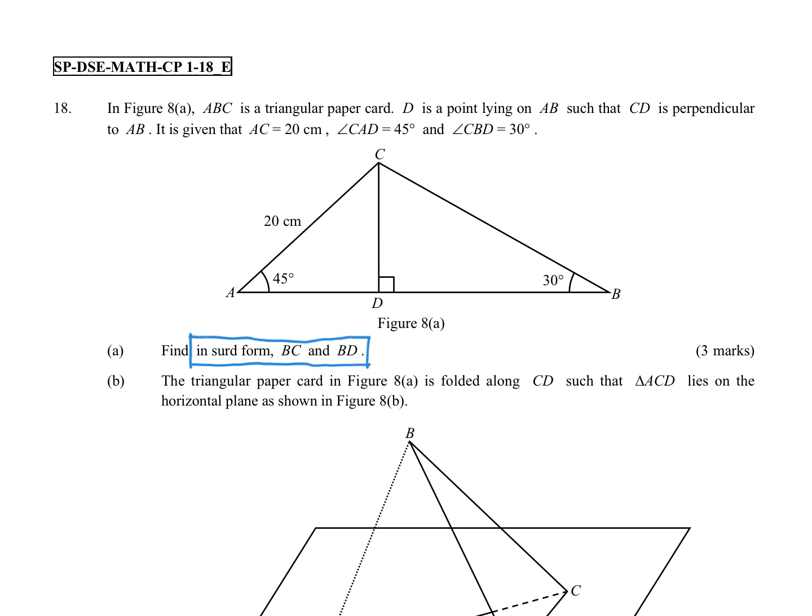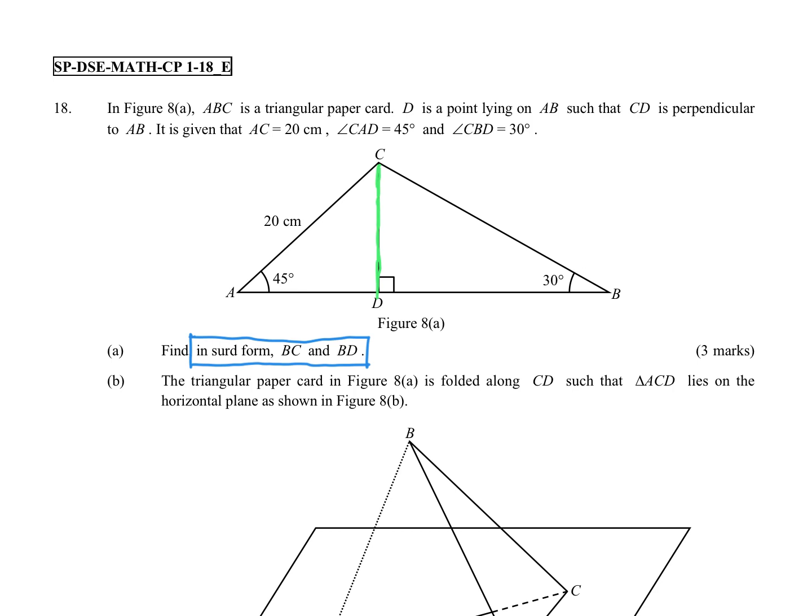To find BC, first of all, I'm afraid we need to find CD, which you can see is the bridge or the common side between the two right angle triangles on the right and on the left.